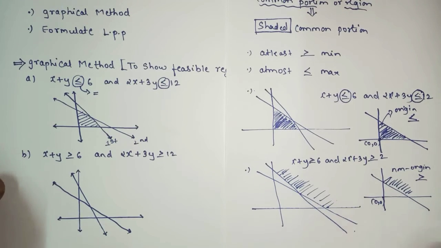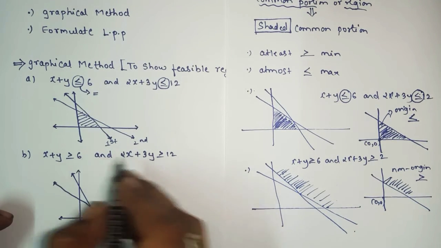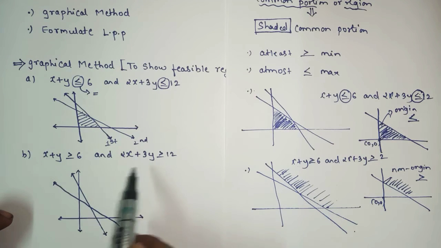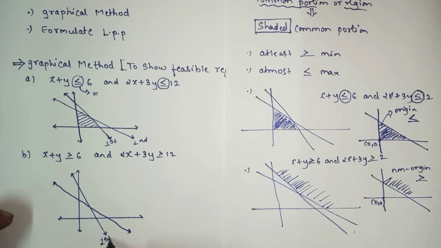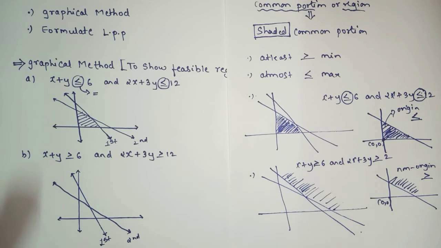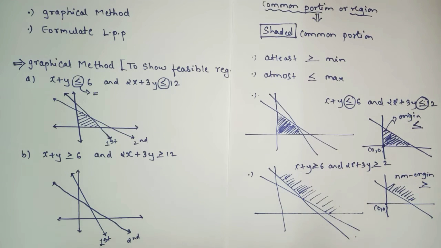Now we'll see this second one. Here clearly we can see that the symbol is greater than or equal to. So we'll consider this as first and this as second. Now we'll see where we will get a proper common region here.